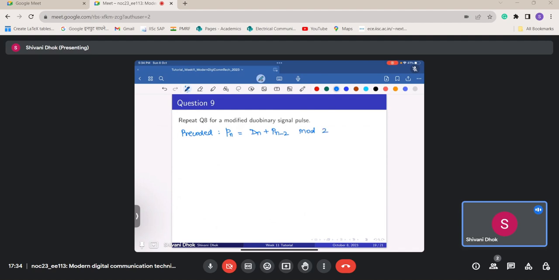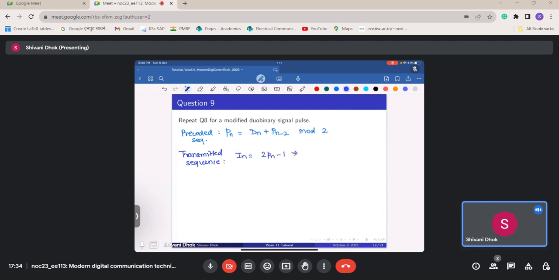So this is simply modulo 2 addition. This is your precoded sequence that we are having. Then your transmitted sequence In is again 2Pn minus 1.